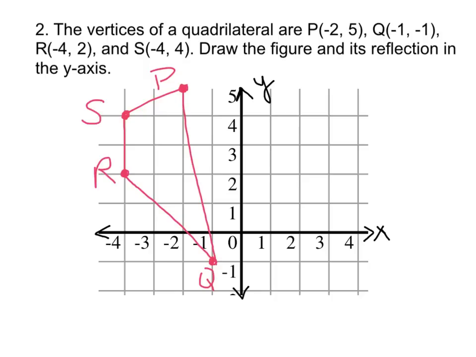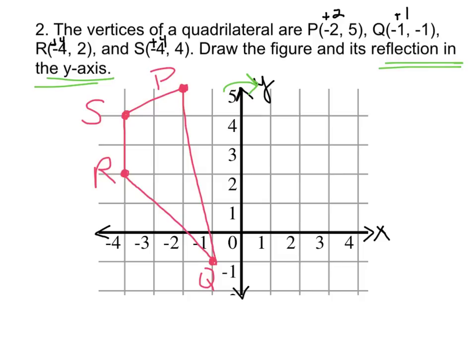Now, in green, let's think about what's happening. I want to reflect this over the y-axis. So here's the y-axis, I flip it over that way. So that means all of my x values are going to change. So the -2 here will become +2. This -1 will become +1. This -4 becomes +4. This -4 becomes +4.